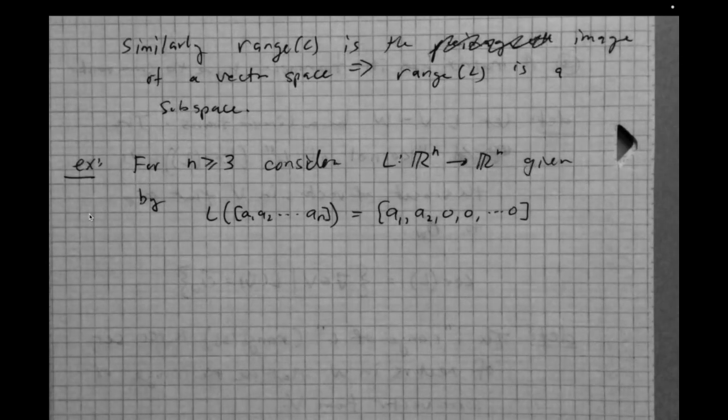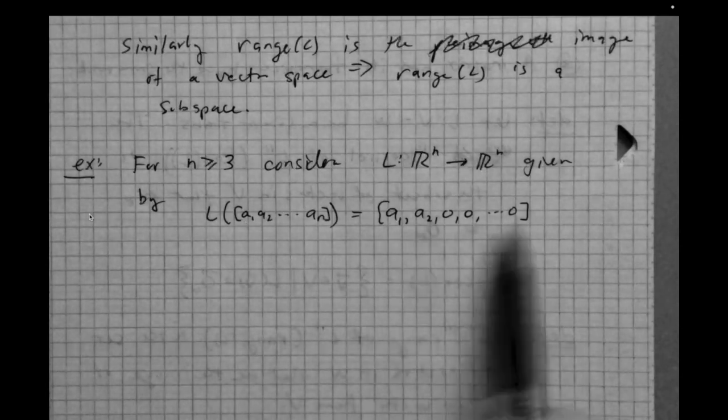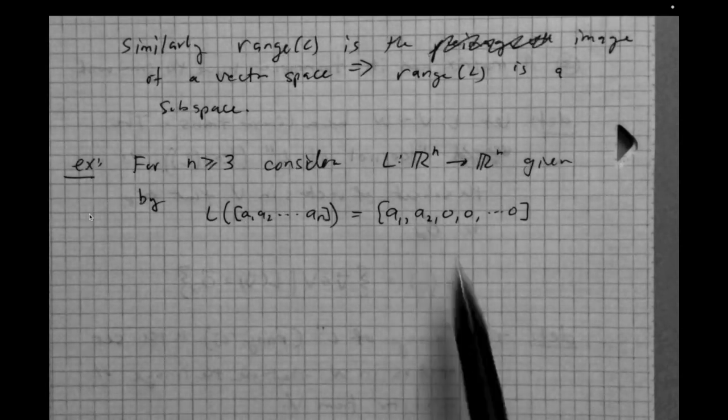So basically, L maps any n-vector into a vector that has all zeros except for the first two components.